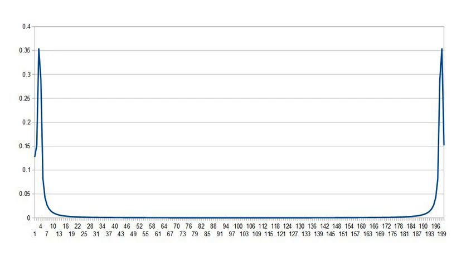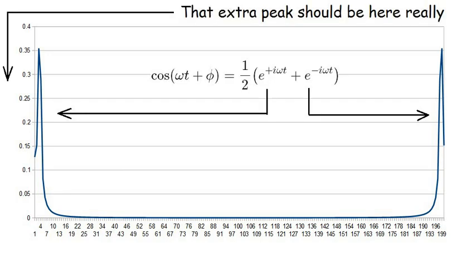It's in the nature of the Fourier transform equation to produce a mirror image on the negative half of the frequency spectrum. Of course, we don't consider negative frequencies, but the maths doesn't know that. As far as it's concerned, those negative frequencies are there. You'll see from the equation that I've added that every cosine can be made by adding together two exponential terms, twin brothers, except that one is positive and the other negative.